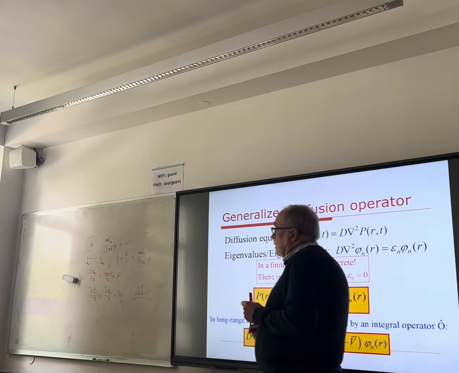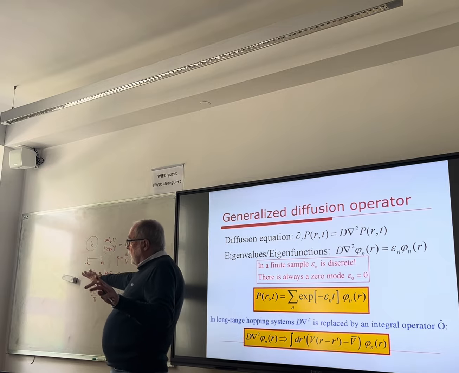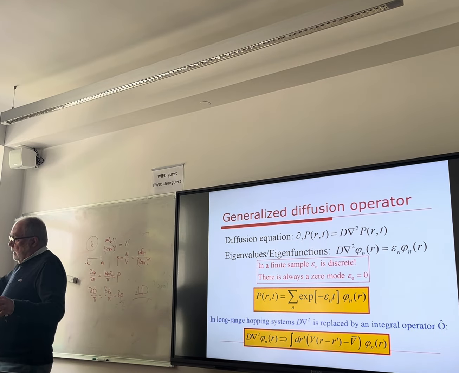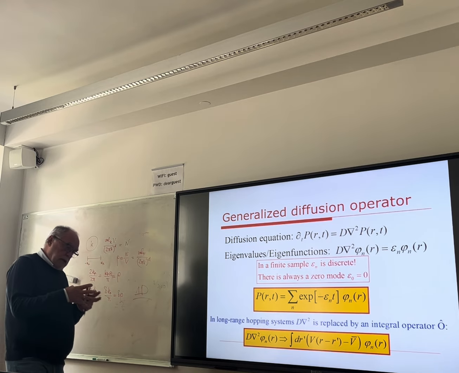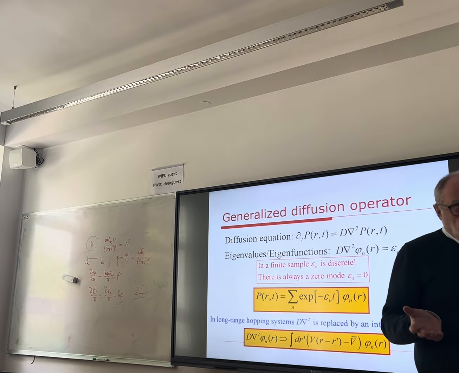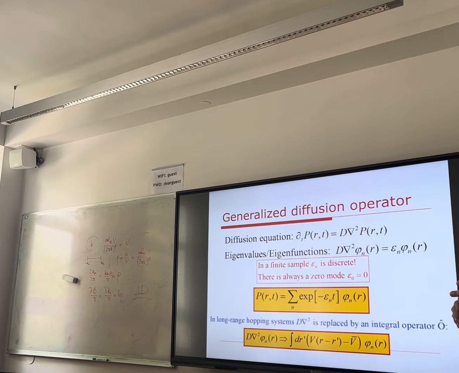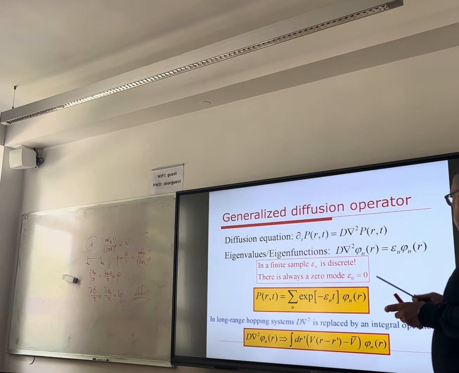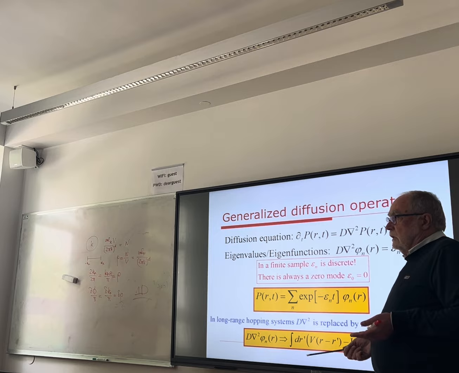Now, that is Dk squared when you have an unrestricted volume. But if you have a finite volume which is restricted, then, as in quantum mechanics, your spectrum of eigenvalues becomes discrete.